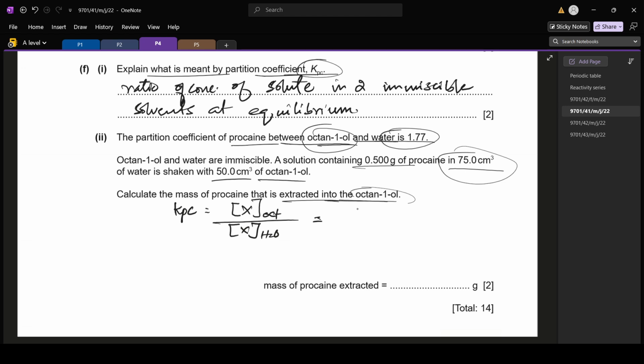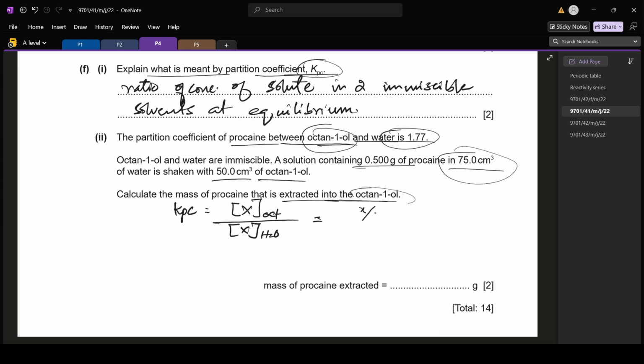So I'm considering the mass extracted as X gram. We have to calculate concentration, in gram per cm cube.